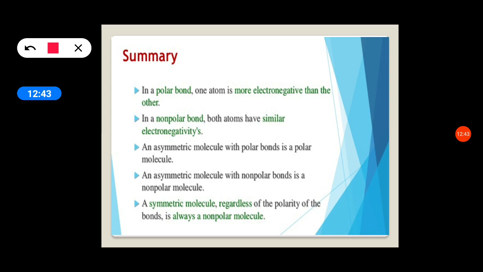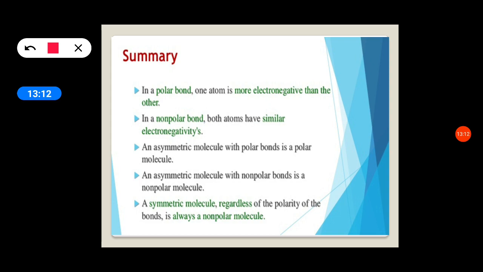The less electronegative atom acquires a small positive charge. Thus, the polarity is created in the molecule due to difference in their electronegativities.